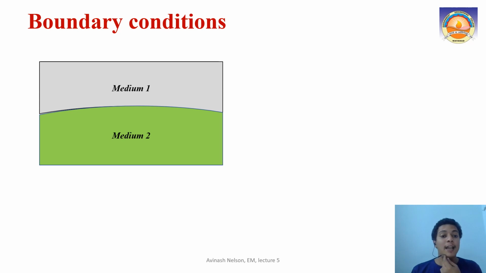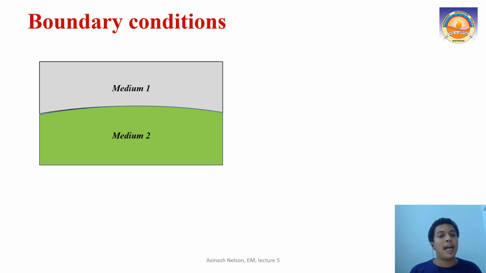Right, and in the class before that, we saw what happens to the electric field intensity inside a conductor also. So now let us get into the conditions of the electric field at the interface between the two media.